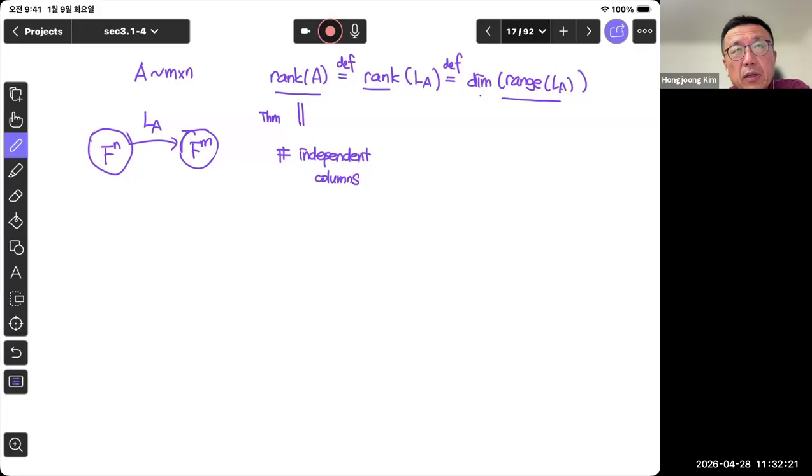That will be the rank of a matrix. So this number, the number of independent columns, will be the rank of the L sub A transformation, or the dimension of the range of L sub A. But what is the range of L sub A?